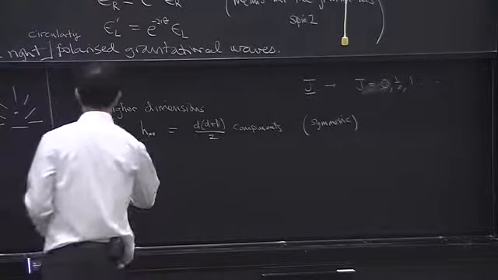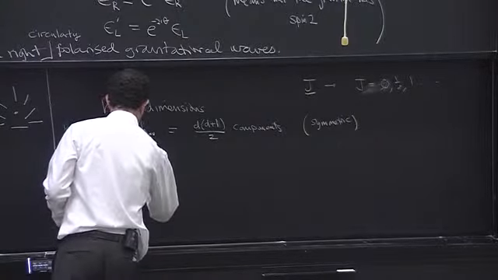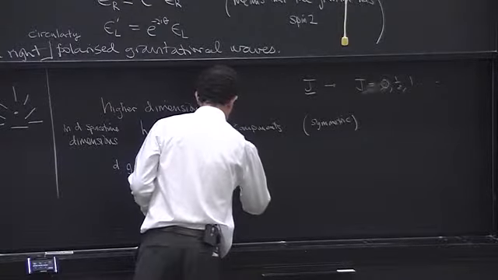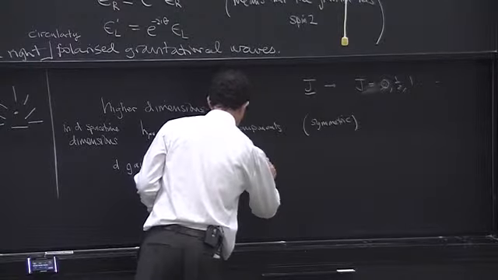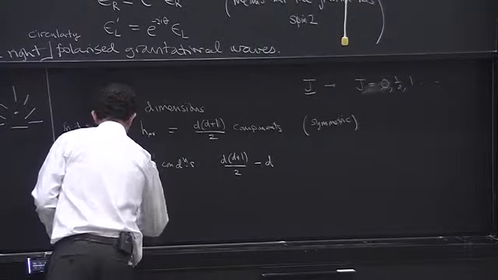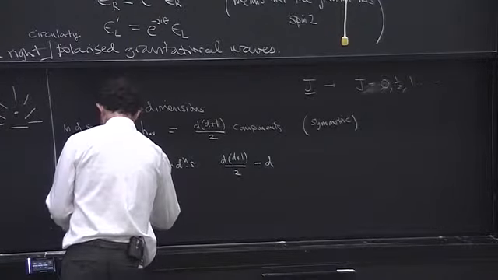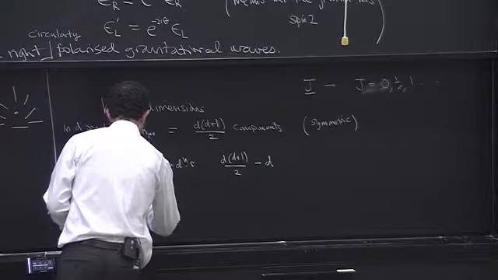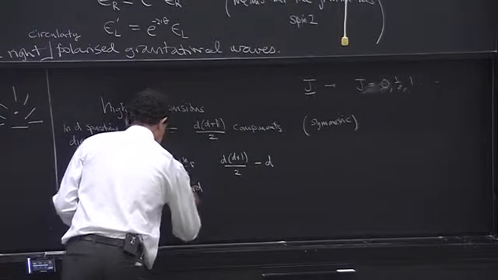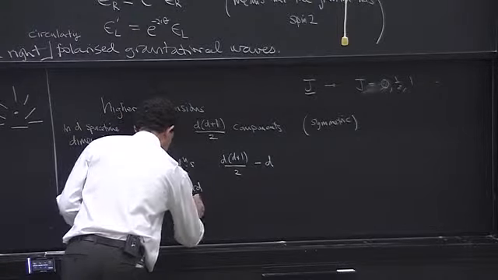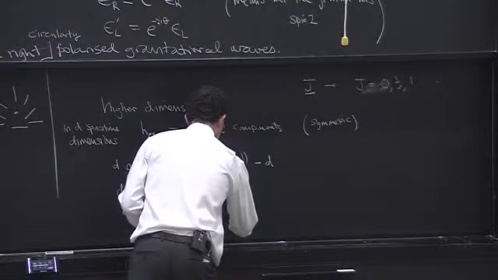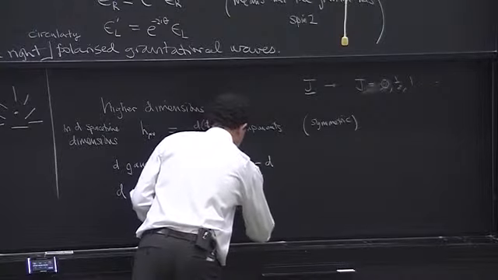But then we have d gauge conditions. Okay, so we get d(d+1)/2 minus d. And then we have d residual coordinate transformations. And so I reduce this to d(d-1)/2 minus 2d.